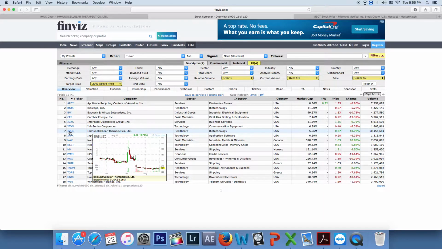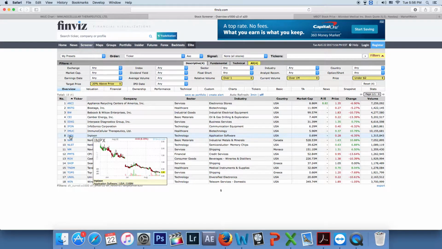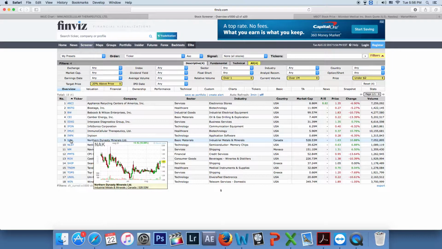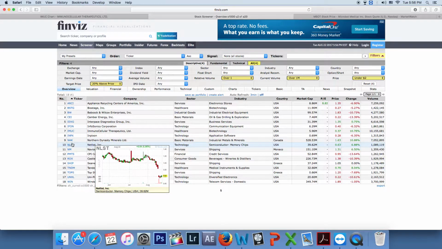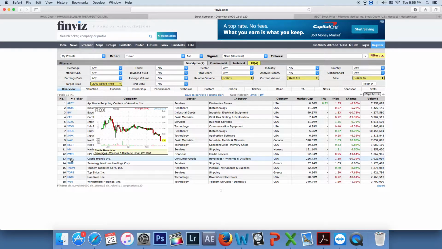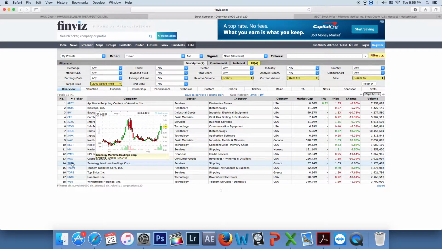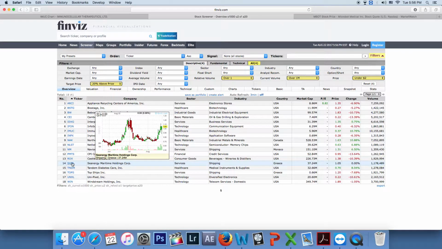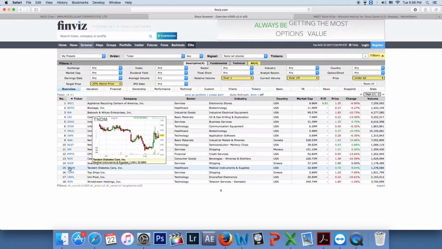That's a little small, I'm going to have to zoom in soon to see. Okay, and you see right now, it's not too much going on. Believe it or not, I saw this the other day and didn't even put it on the watch list. Not sure why I didn't.